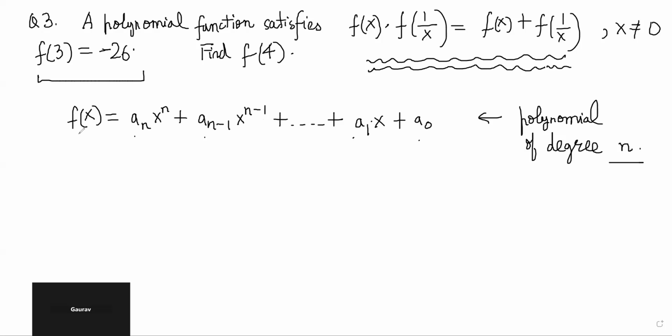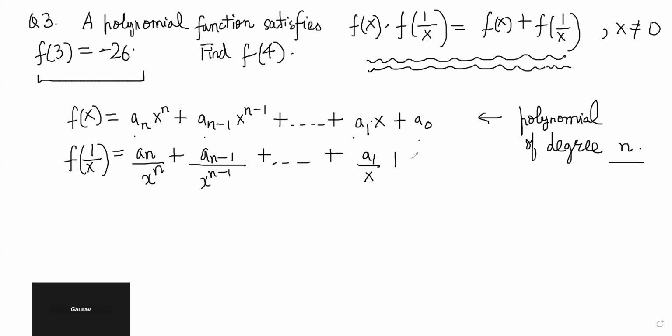Before we can do anything, we'll have to take f of 1 by x and see what is coming there. an by x power n plus an minus 1 by x power n minus 1, and so on till a1 by x plus a naught, right? And then we will see what happens when you do f of x times f of 1 by x.